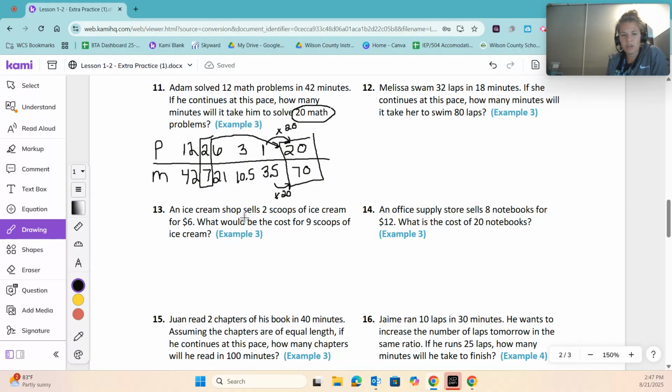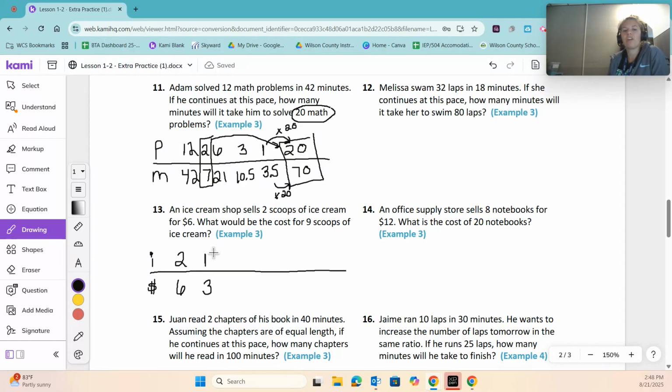Okay, an ice cream shop sells 2 scoops of ice cream for $6. So 2 scoops for $6. What would the cost for 9 scoops be? Okay, so 2 scoops is $6. How many for 9? So I'm going to go down and figure out, okay, how much for 1 scoop of ice cream? That's going to be 3 because 2 divided by 2 is 1, so 6 divided by 2 is 3.